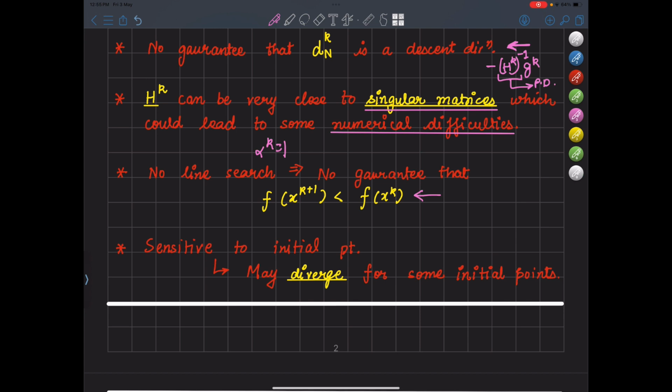And the sensitivity to initial point is very, very high. So let's say it happens that for some initial points, the algorithm may diverge, it might not converge. That is one of the major problems of Newton's algorithm.